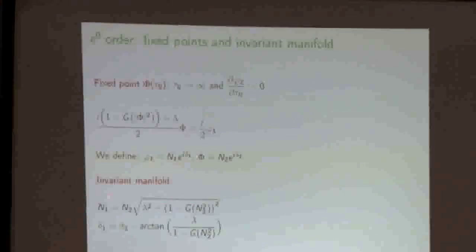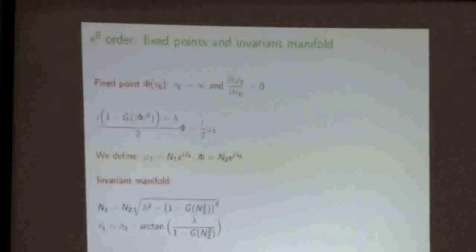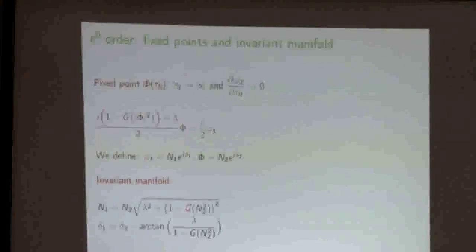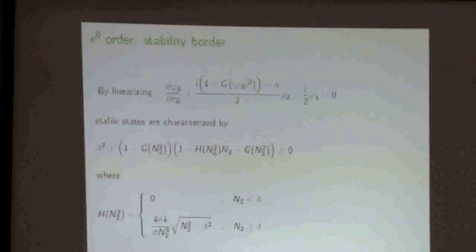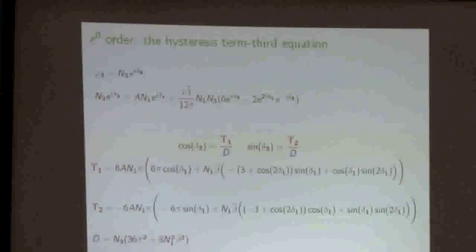Again, I have the same invariant manifold as in the previous case, except that perhaps G is now not given by a cubic but by a piecewise linear function. But it is quite similar. Okay, again, I can make a stability analysis to guess stability borders. So I will obtain a result.